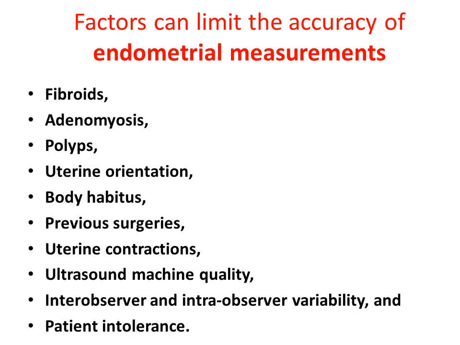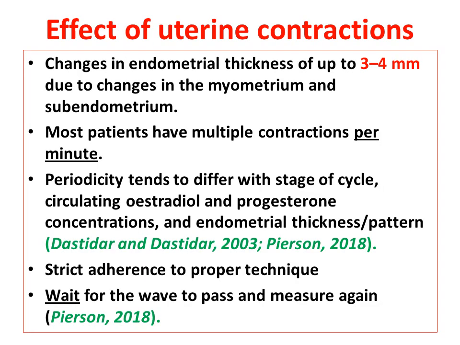Some factors can affect the measurement of the endometrial thickness and echogenicity, like fibroids, adenomyosis, polyps, uterine orientation, body habitus, previous surgeries, uterine contractions, ultrasound machine quality, inter-observer or intra-observer variability, and patient intolerance.